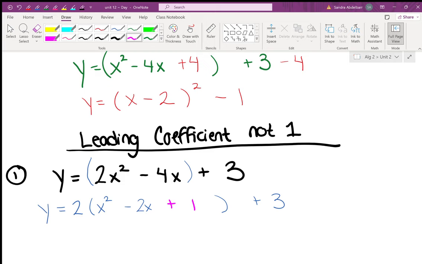Technically, this number is 2 times 1, which is 2. So when I go to the outside to keep this balanced, I'm not going to subtract a 1. What am I going to subtract? A 2. So now I'm going to have 2 times the quantity, and I'm going to factor inside the parentheses, x minus 1 squared plus 1.